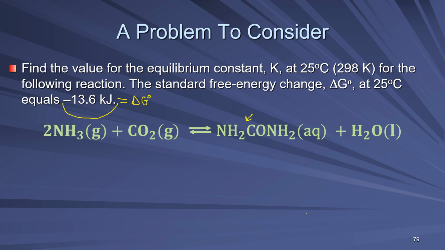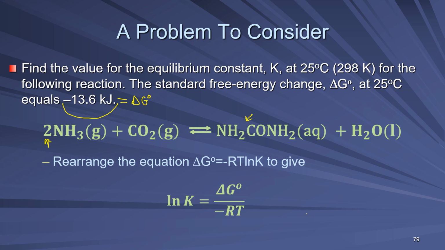So anyway, if you take the delta G products minus reactants, making sure to multiply by the coefficient, you would get negative 13.6 kilojoules. So now we can plug them into our equation. Delta G equals negative RT natural log of K. If we divide both sides by negative RT, we get this equation. And now if we plug our numbers in, this is negative 13.6.